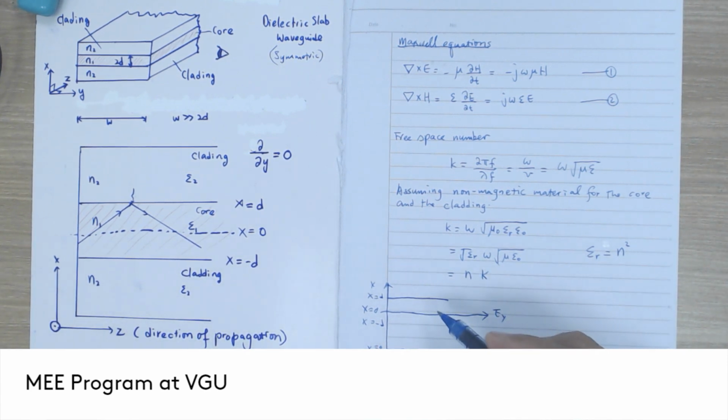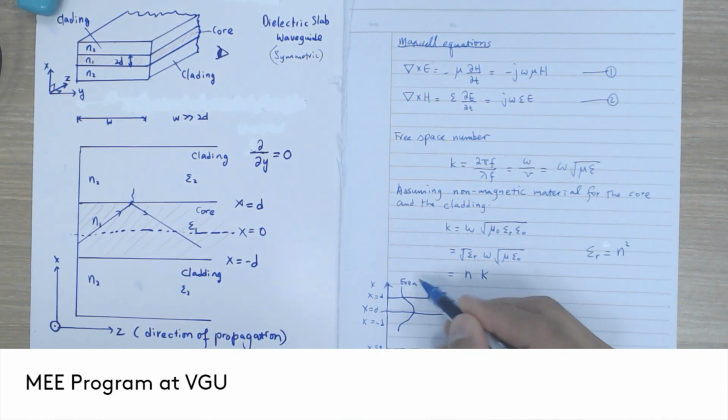One is the so-called even mode, where the pattern of the electric field distribution is symmetrical along the middle axis. The other is anti-symmetric, so it will be like this.